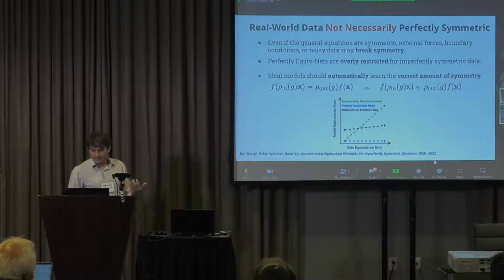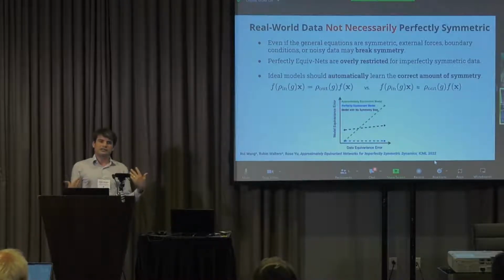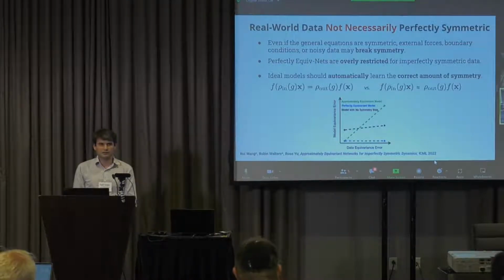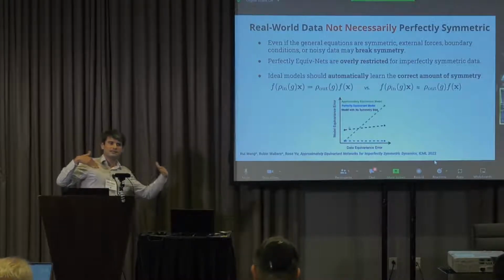And what we see is if you take a model that has no symmetry bias, for example a fully connected model, and I train it, it doesn't really ever learn very much equivariance, at least in our empirical result. There is some slight slope to this line, so it does learn some, but it doesn't learn zero.